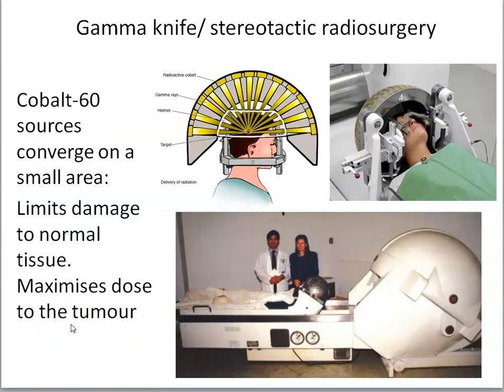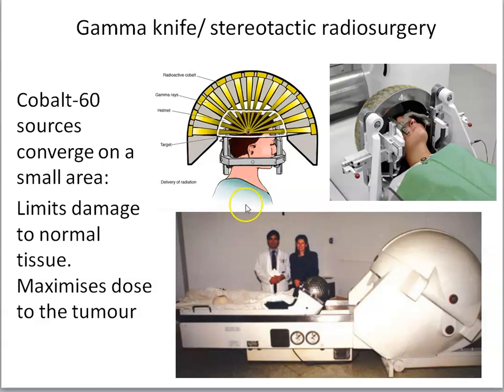This can be taken a step further by doing gamma knife and stereotactic radiosurgery. In this situation, typically used on brain tumours, we have cobalt-60 sources which are all emitting gamma. All of these cobalt sources are directed in such a way that they emit gamma that all focuses on a very fine point here.